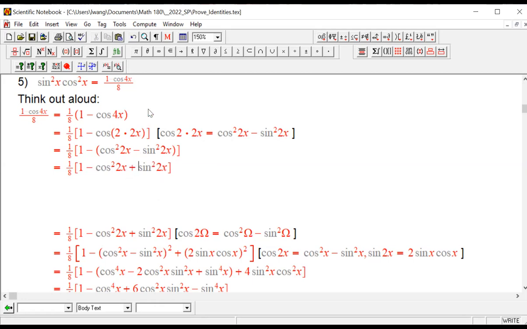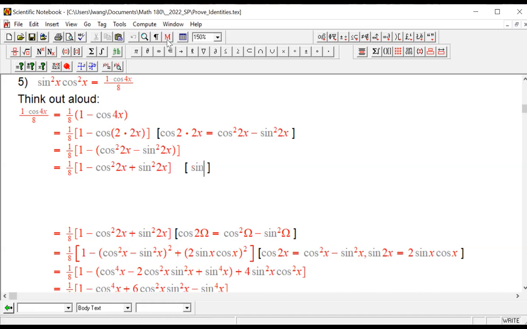So this is gonna be plus 1 minus cosine squared 2x. What does that equal to? At the time I thought about doing that, and then I thought about doing this as well. So I'm going back and forth. Okay, so let's try this first, right?